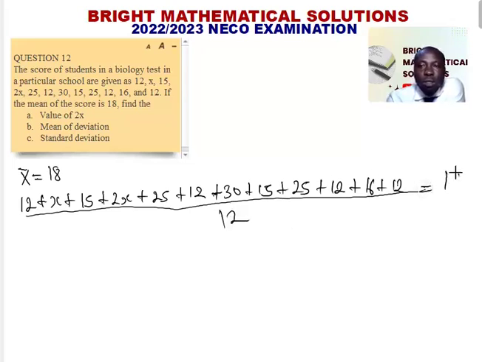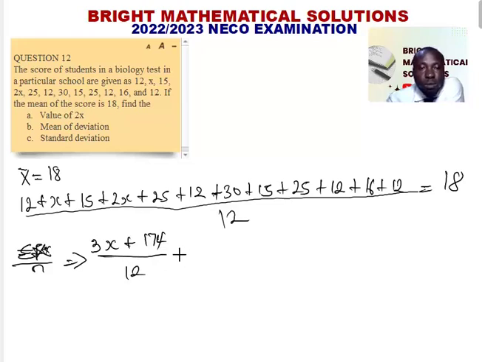It gives us 18. So when I did the calculation, that means summation fx over n equals 3x plus 174 over 12 equals 18. So when I did the cross multiplication, 3x plus 174 equals 12 multiplied by 18.